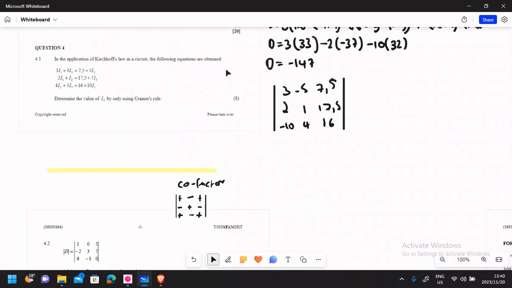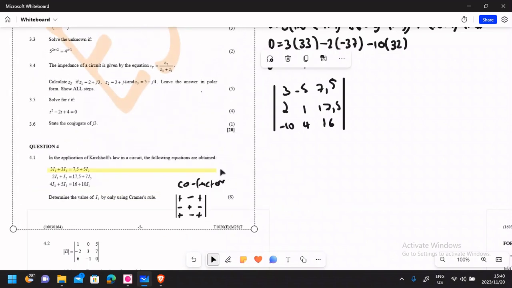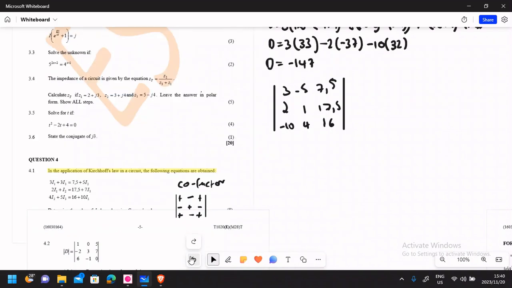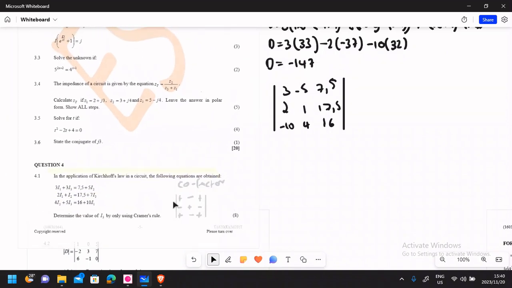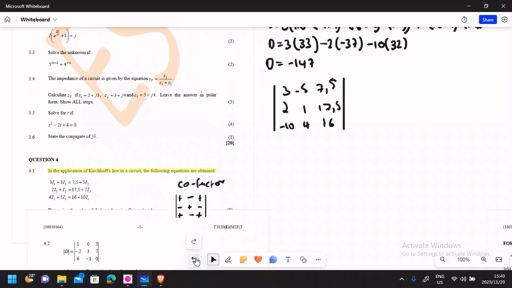Remember, this is question 4, so this, I don't know what's happening here. Okay, let me just erase this. It's still fine. So let's zoom in, guys. Okay, it's fine. Let's leave it like that.